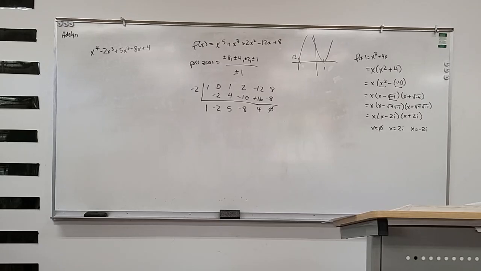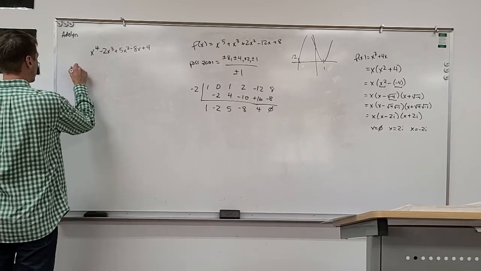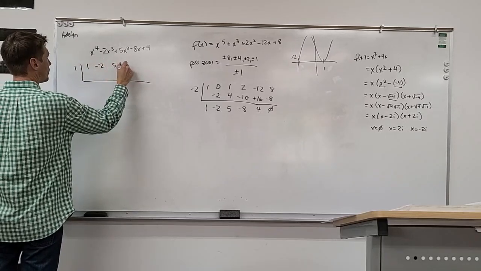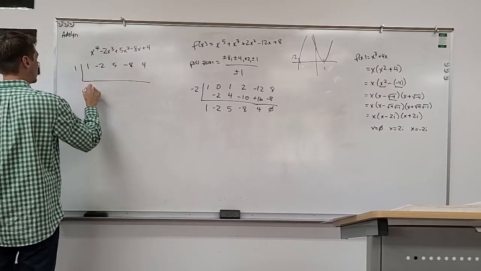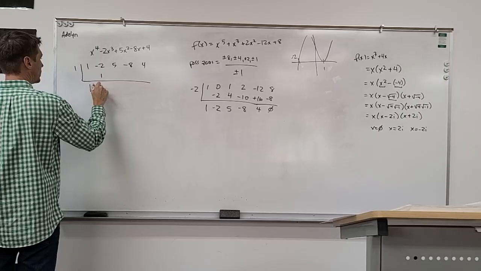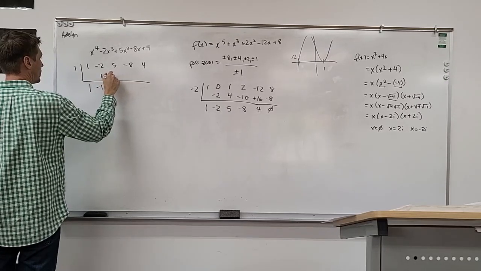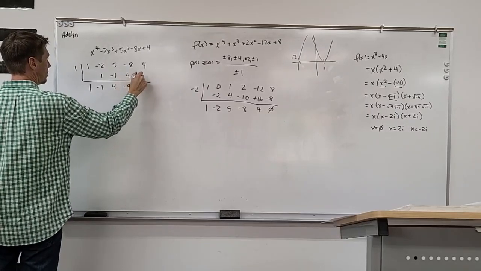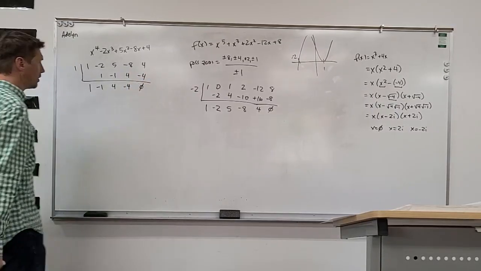So we're going to tackle the 1s now. Let's do synthetic division with the 1. 1, minus 2, 5, minus 8, 4. Bring our 1 down. We got 1, negative 1, negative 1, 4, 4, negative 4, negative 4. Sure enough, that's another 0.